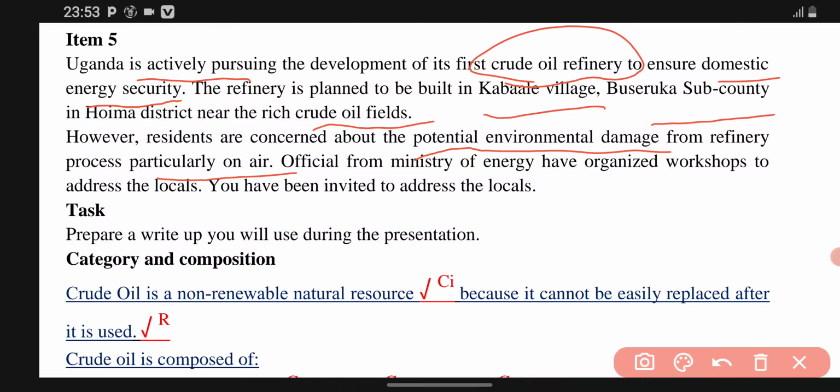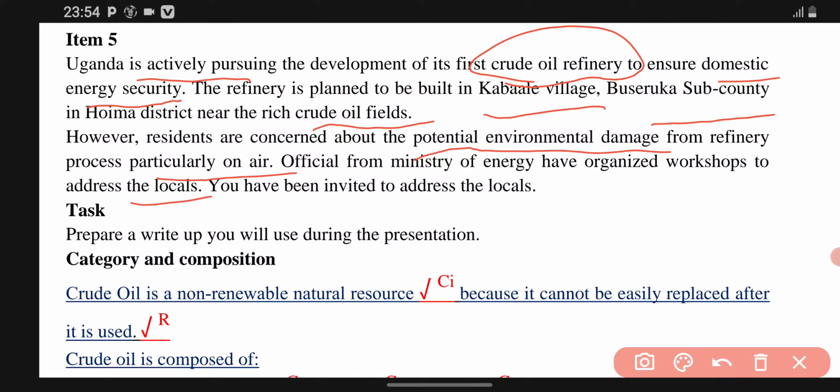The officials from the Ministry of Energy have organized workshops to address the locals. So you have been invited to address the what? The locals. Now, when we read through this scenario, please don't just read and then go direct to answers. Read, then come back and read again.